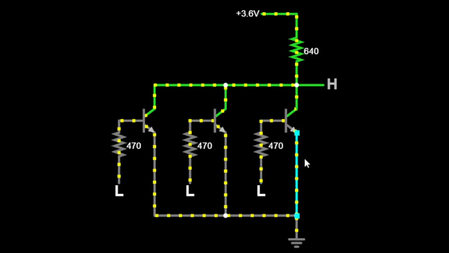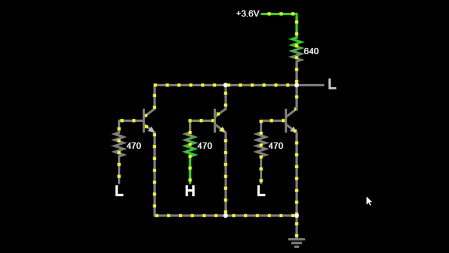When there is no digital input here, all the gates will be closed, and here we have the high output. But if any one of the gates is open, then the output becomes low and the ground will follow this path.